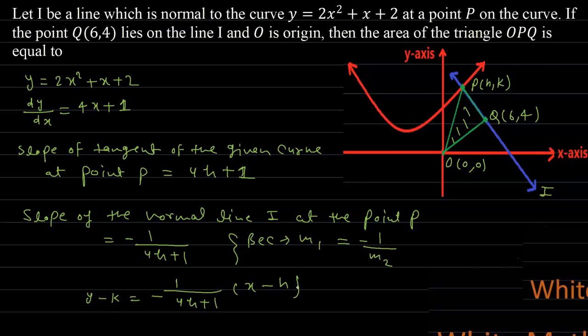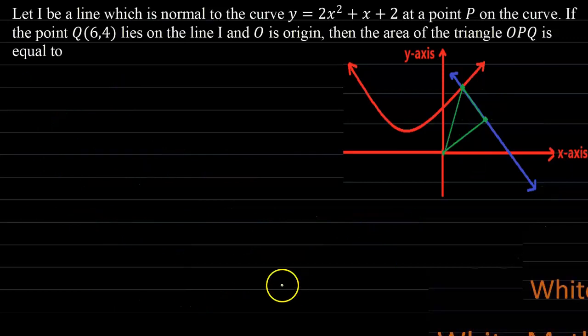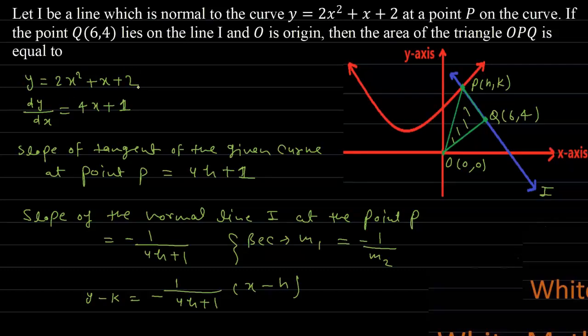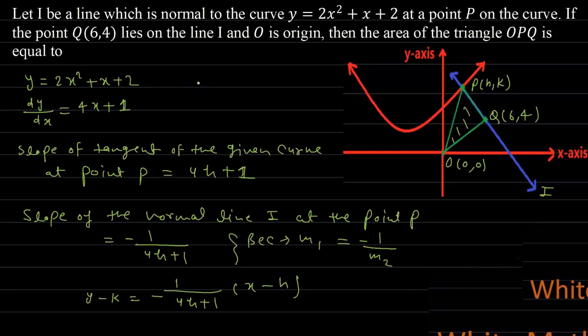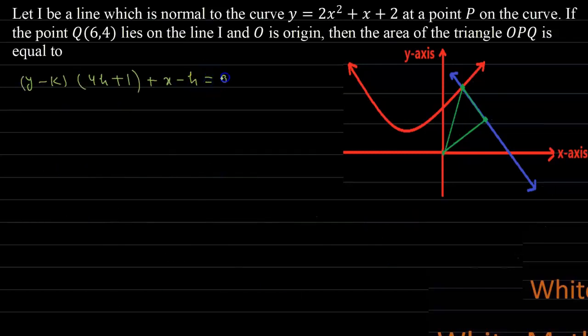Now rewrite this equation, then (y - k)(4h + 1) + x - h = 0. Consider this is equation first.